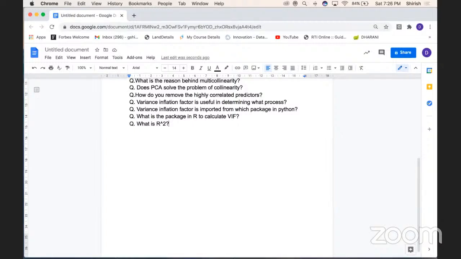How the dependent variable is related to the individual variable.